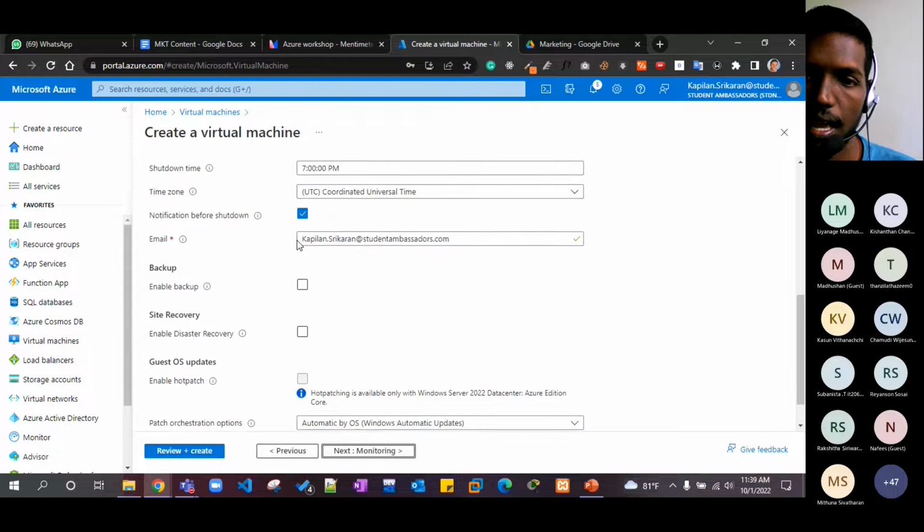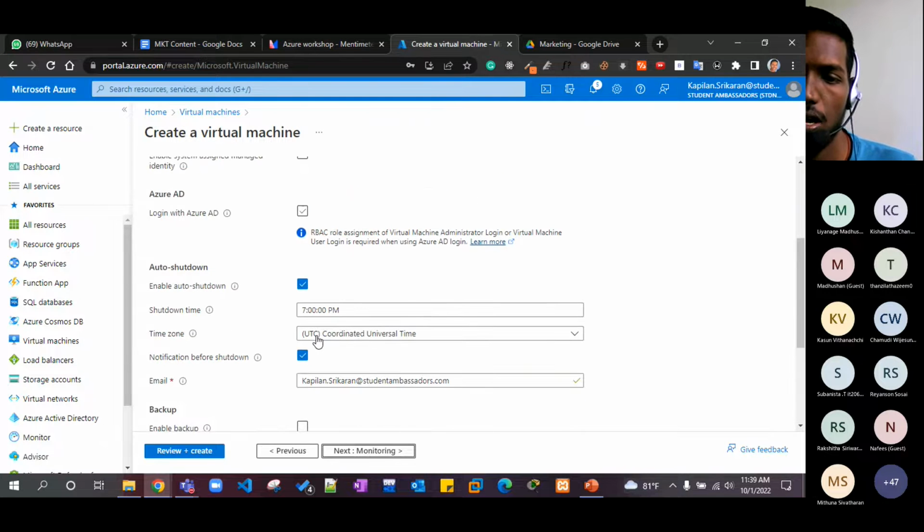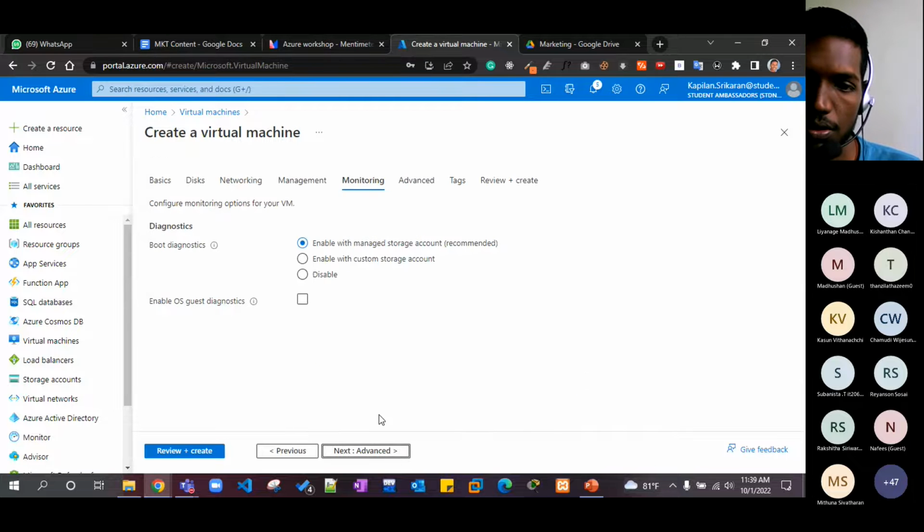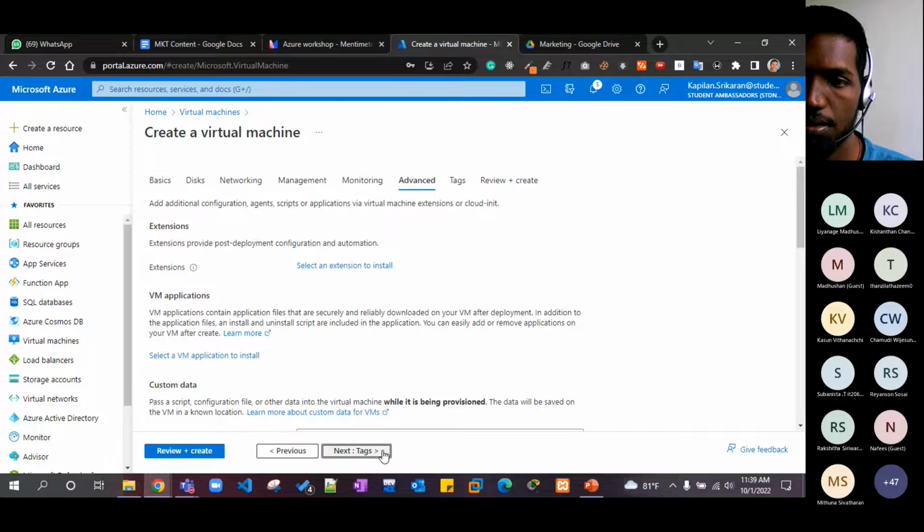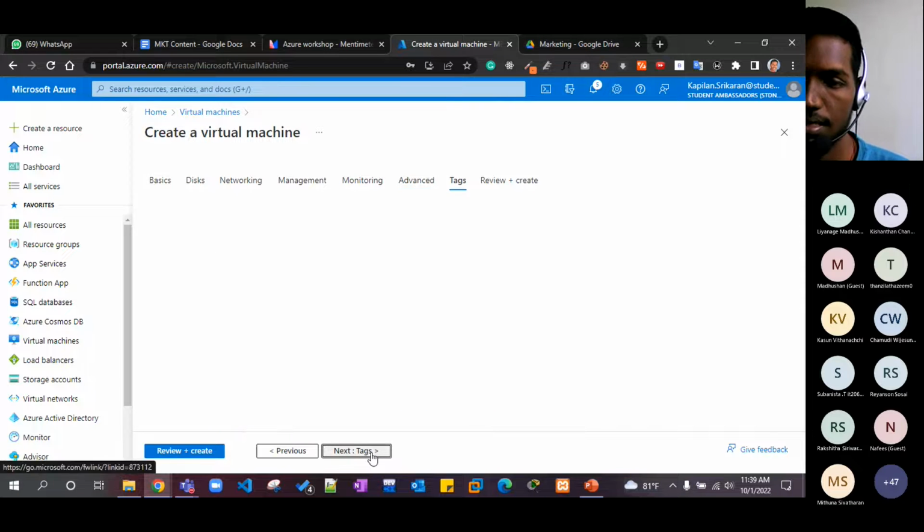This is up to you, so I just leave it as the default, and boot diagnostics I disable. Next, advanced features, and then tags.